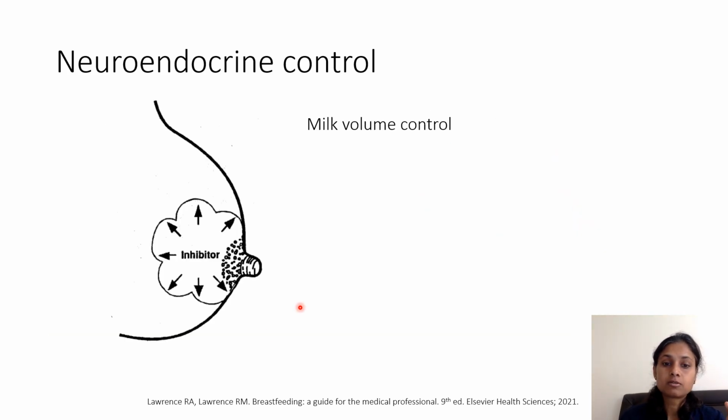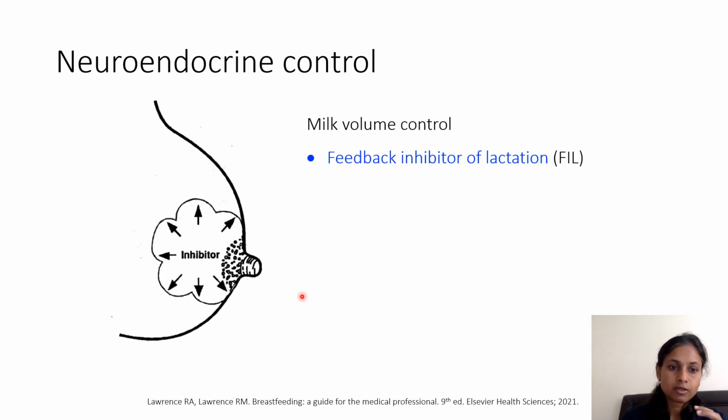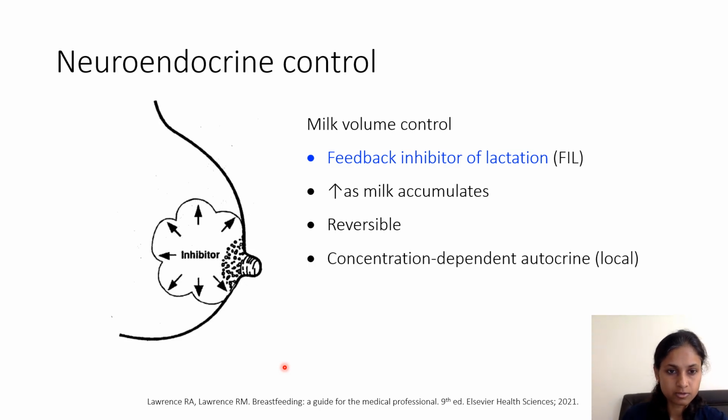Next, we'll talk about how milk volume is controlled. You can see there's a production of a substance called feedback inhibitor of lactation, and this increases as milk accumulates in the breast. It's a reversible phenomenon wherein as the milk is removed from the breast, the FIL reduces.